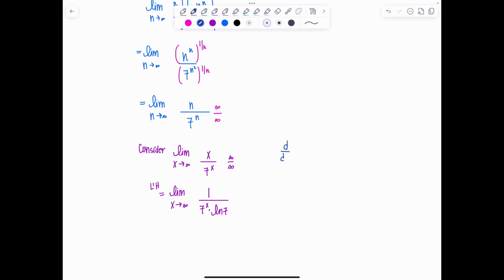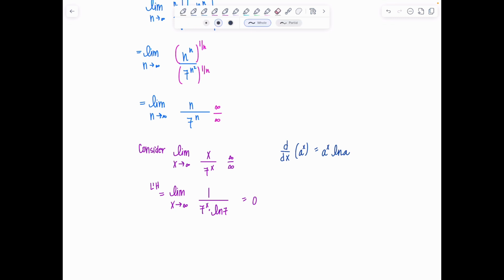It doesn't happen that often. When the base is e, ln of e is 1, so you don't see that. Anyways, no matter how you slice or dice it, the denominator is going to infinity now, and the numerator is just a constant, so this is 0.